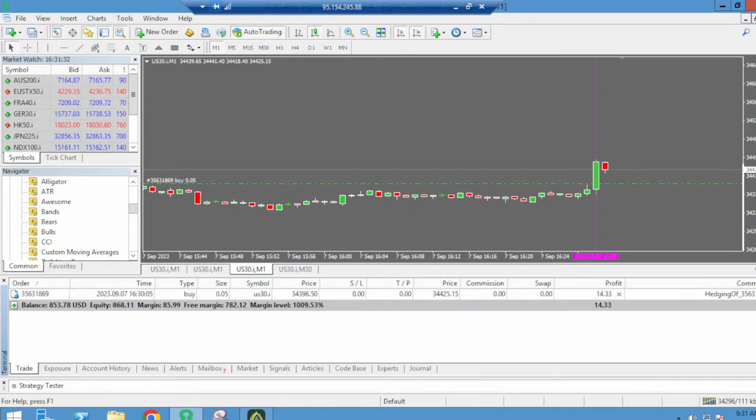We just hit one of those areas of resistance from other strategies.